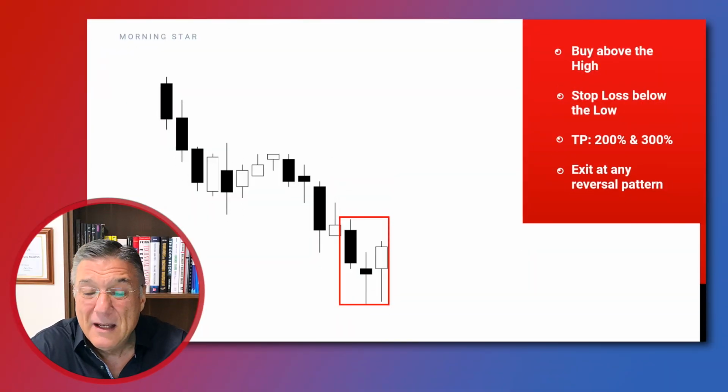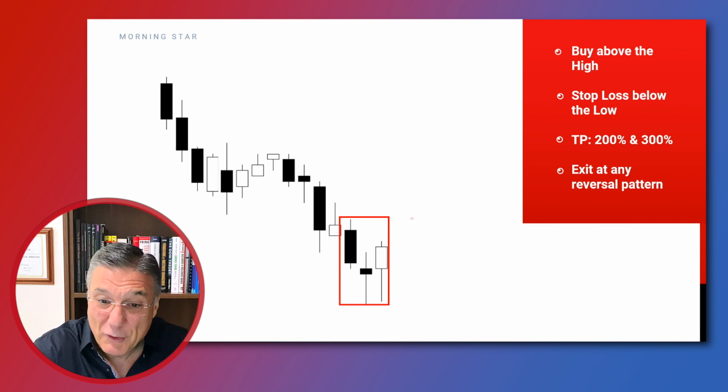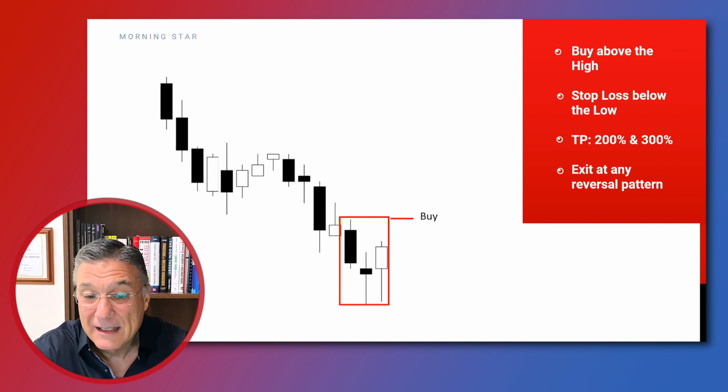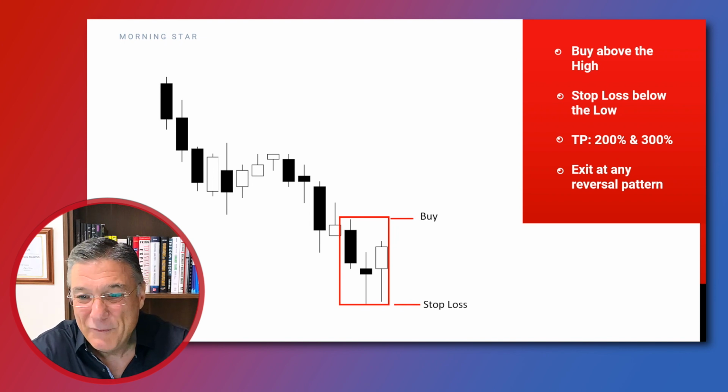The color is not important; in this case, it's a small black body, and of course, it's followed by a long white candlestick, not that long in our case, but it seems that it closes right above the midpoint of the black body. Excellent. Now the buy order goes right above the high price of the pattern, and a protective stop loss right below the low price of the pattern.